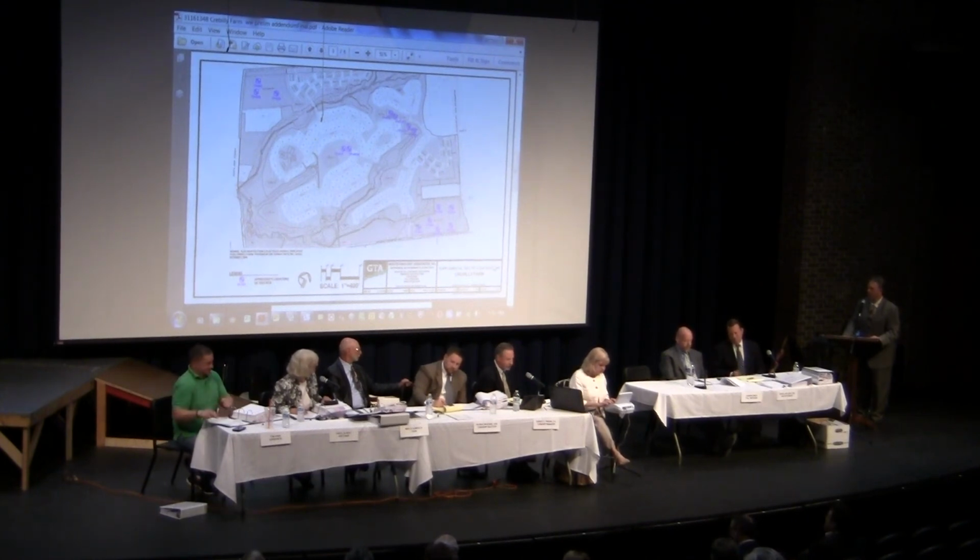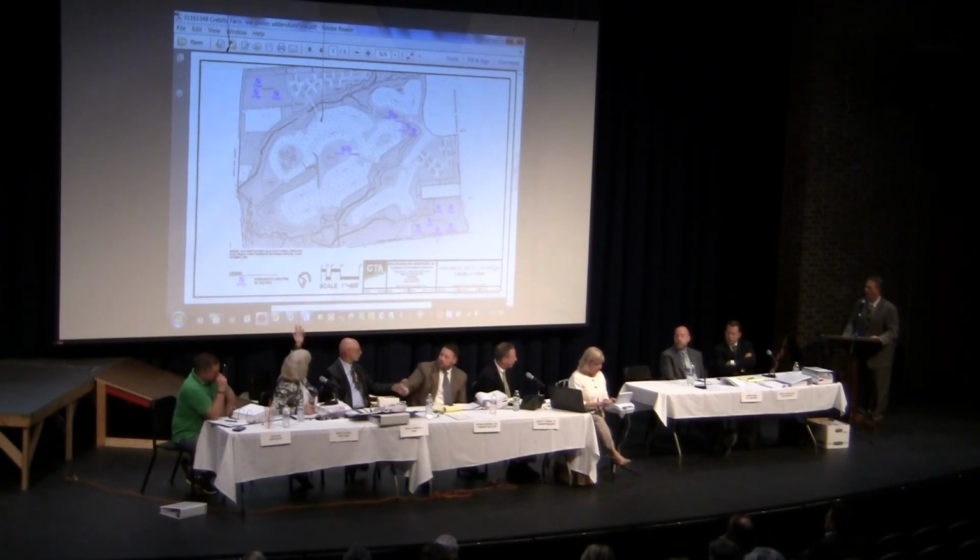It could be located outside in a housing enclosure. Where on this plan? Oh, I don't believe the treatment plant is shown on that plan. Is it on any plan? No, it's not located on a plan as a building at this time. That is correct.